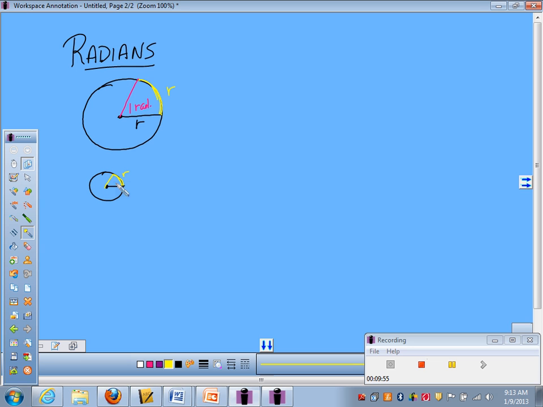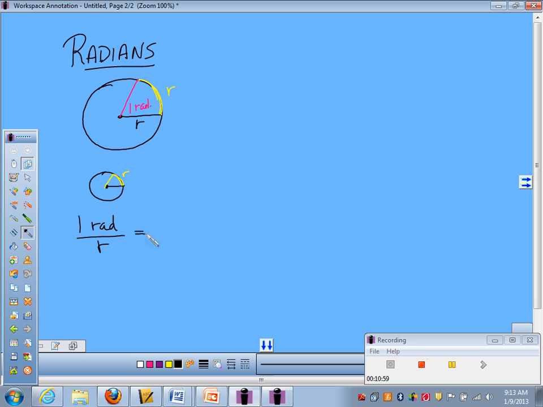So somebody said, all right, we know here that our 1 radian angle marks off an arc that is r in size. Okay, so we're setting up a proportion here.